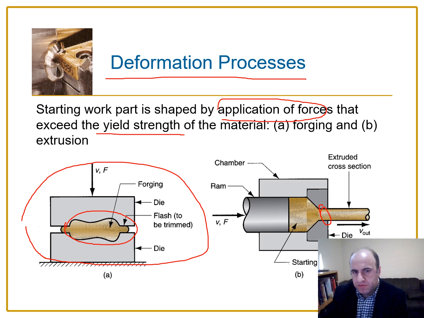These two processes are called metal working, and the materials that we want to use in these processes have to have good ductility property. Otherwise, they will break during the metal forming process.